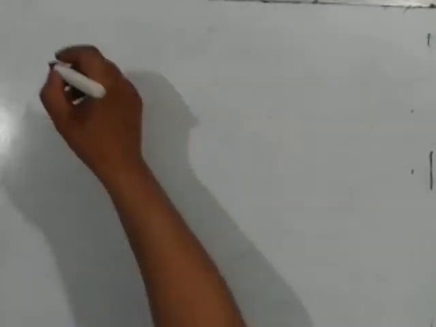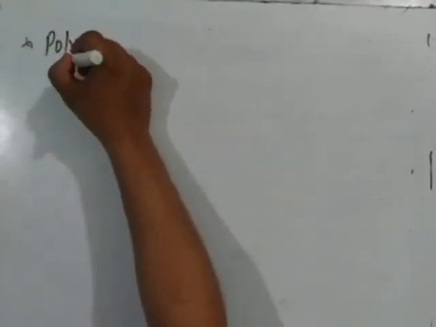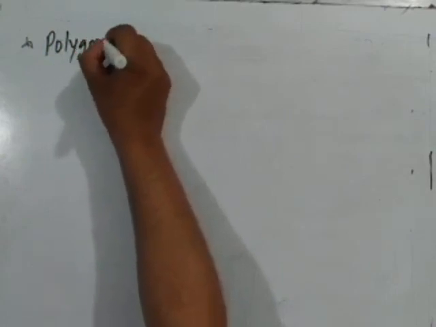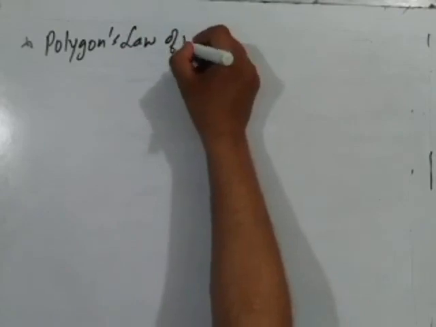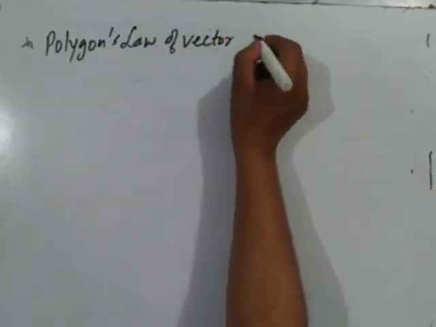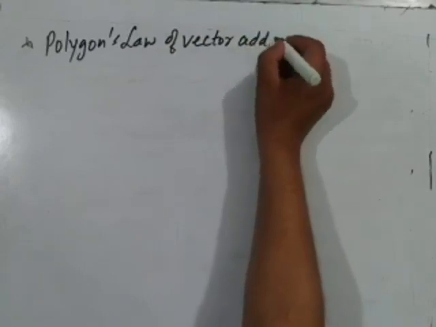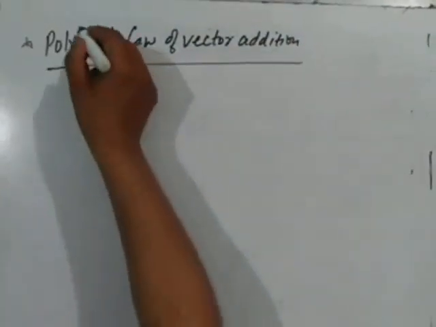Now the next topic is Polygon's law of vector addition. Poly means many.